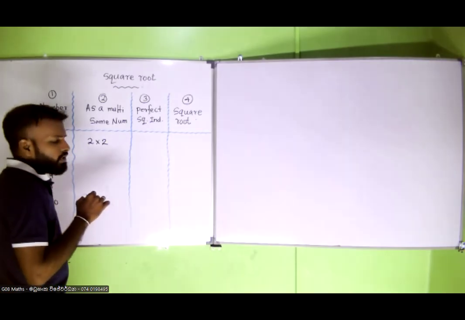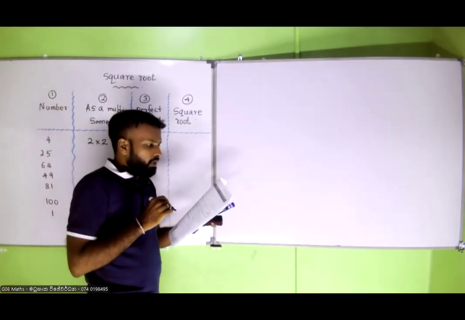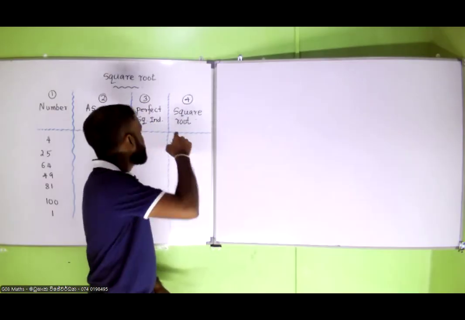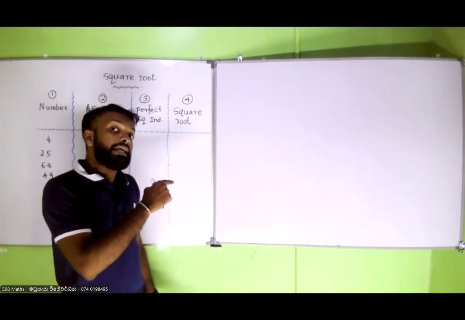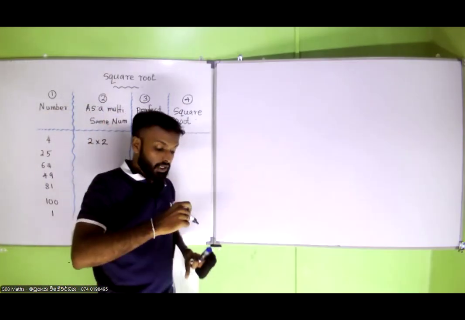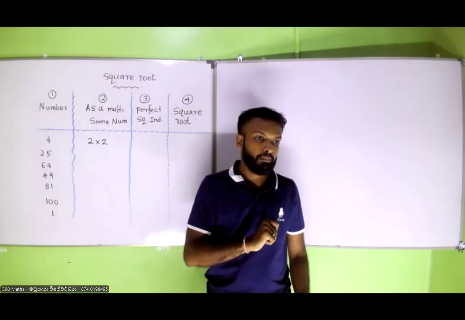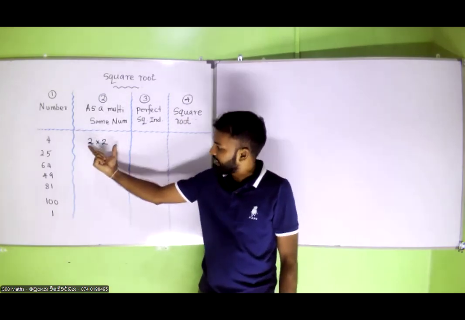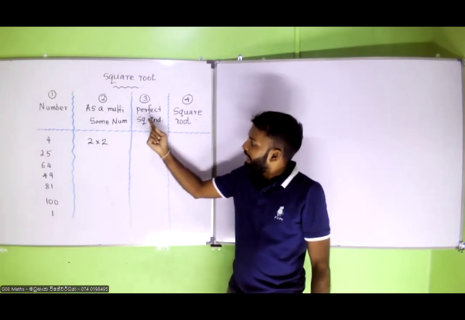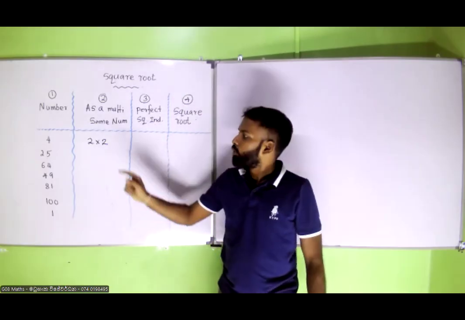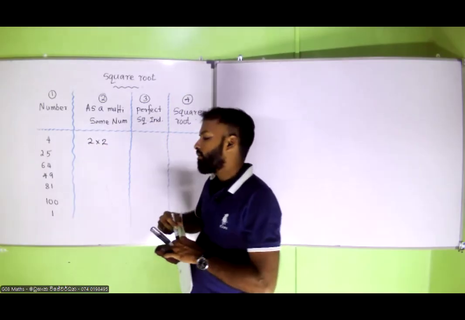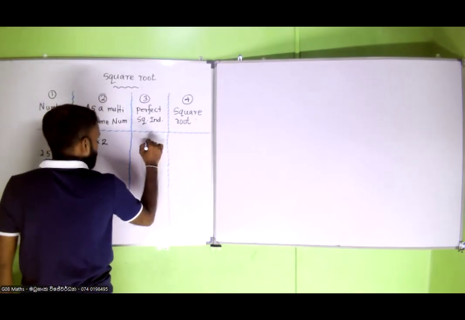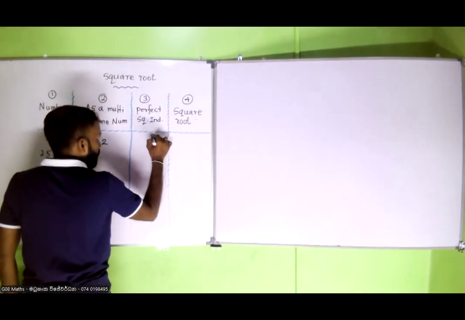Perfect square in index form, the third column. I told you earlier and gave you a recap on how to represent this number as an index. 2 times 2 is 2 to the power 2.